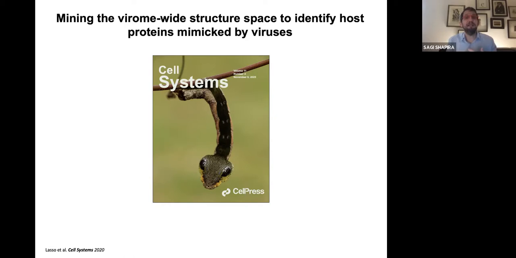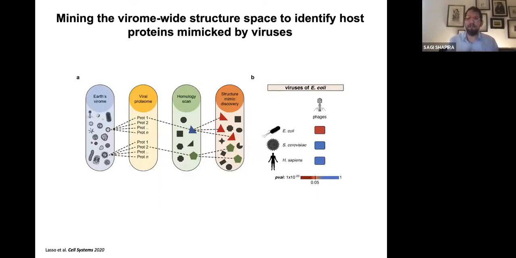We took an approach that relied on what I described before, where we build atomic structure models of proteins and ask whether we can find proteins that look similar to a query protein.